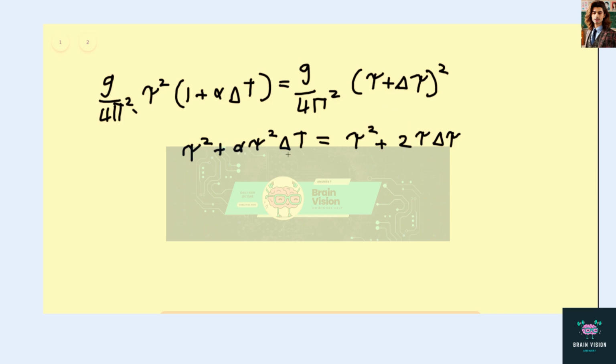We're going to subtract tau squared from both sides and then divide through by 2 tau, which gives us delta tau is equal to alpha tau delta T over 2, which is our formula.